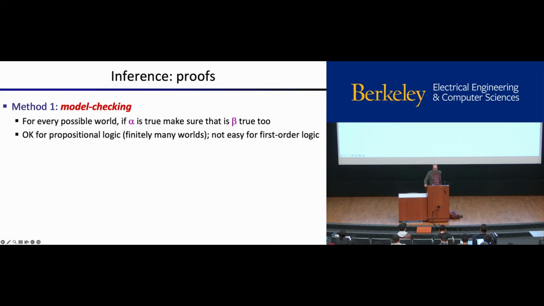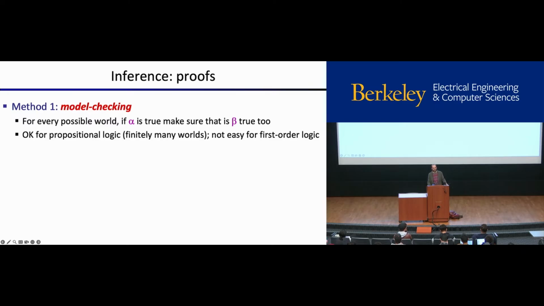So now we're gonna discuss over the next couple lectures two methods for constructing proofs, two methods for doing inference. The first one is model checking. And this is the most straightforward given the definition of entailment, even if it's not the one that we'll be most used to thinking about potentially. I mean, in past math classes when you've proven things, you haven't really done this. You've done something that looks more like theorem proving, which is the next method, but I'll get to that in a second.